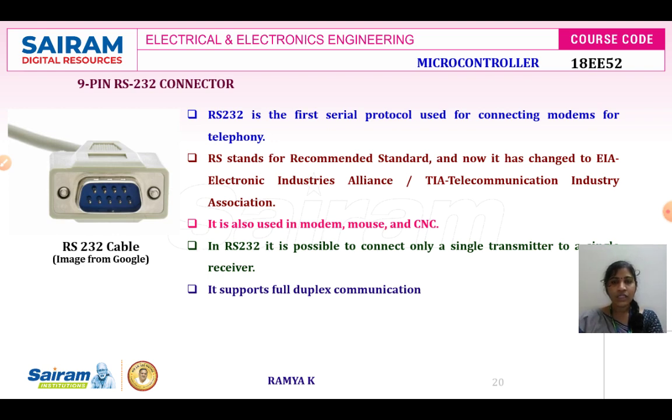All these things can be done with the help of your RS-232, and moreover the RS-232 transmission rate, that is the baud rate, is 1 megabit per second. The amount of data transferred per second is going to be 1 megabit per second.